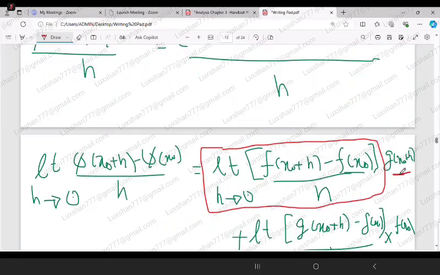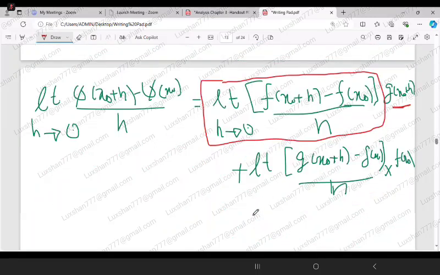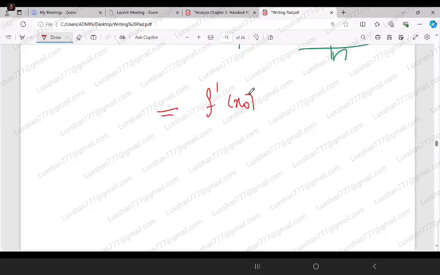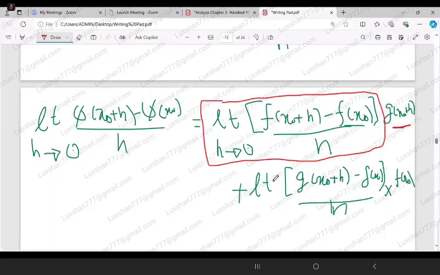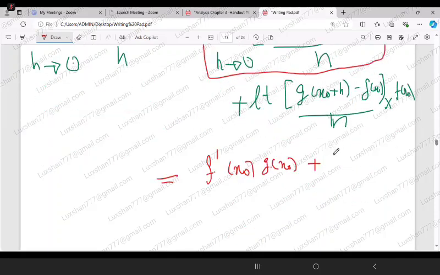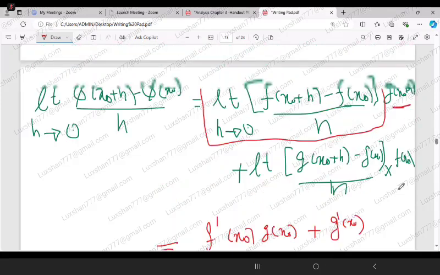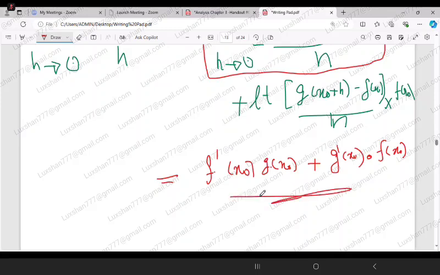As h tends to 0, this becomes g of x naught, plus this is actually g dash x naught, and this is into f of x naught. Therefore, phi dash x naught is equal to.